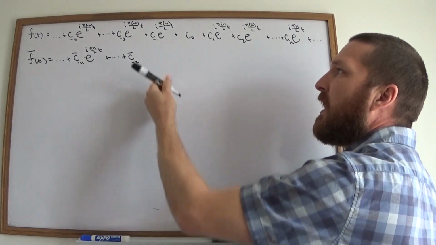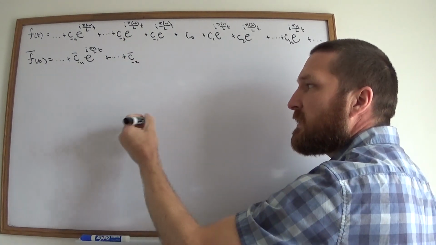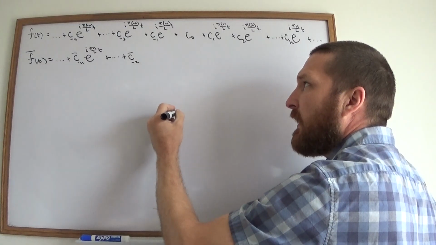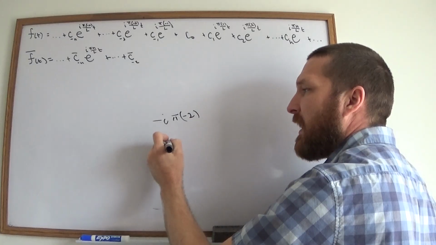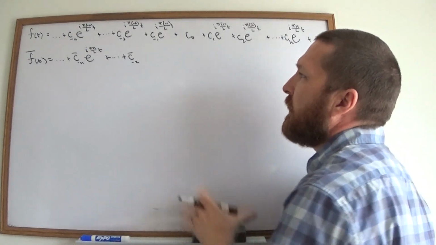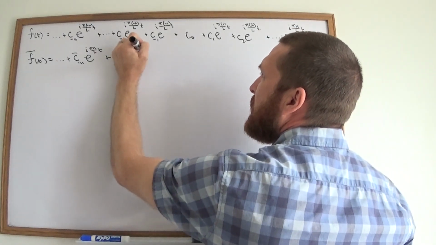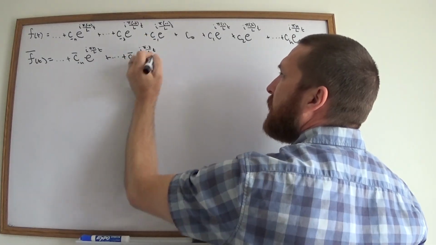And again, now we're going to have a negative i here and a negative 2. When I take its conjugate, we'll have negative i pi negative 2. Well, that's the same thing as just positive i pi positive 2. So I'm going to rewrite that as e to the i pi times 2 over LT.